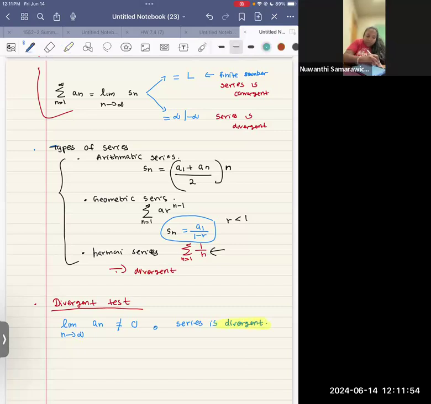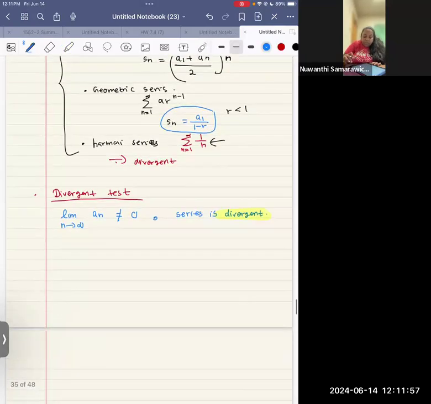Okay, if the limit as n approaches infinity of a sub n is not equal to 0, then the whole series is divergent.